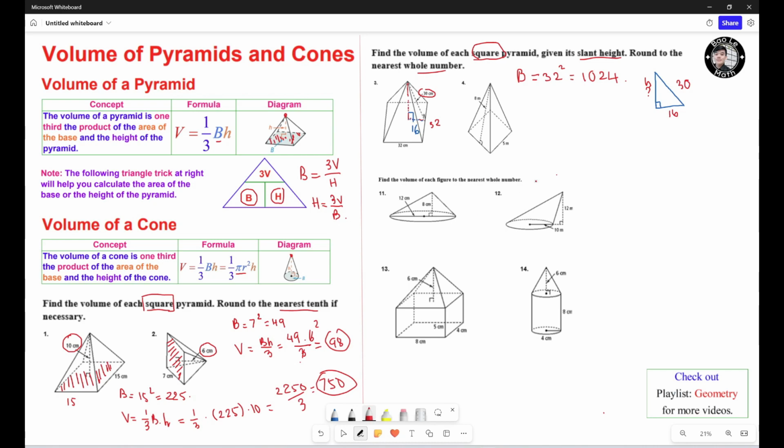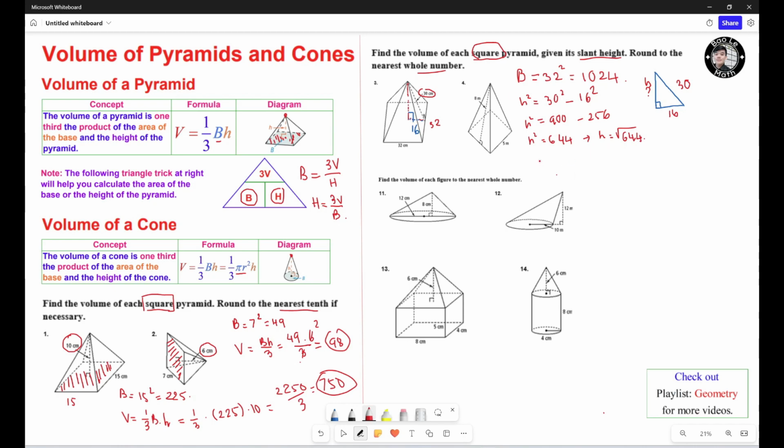By the Pythagorean theorem, h squared equals 30 squared minus 16 squared. And this can be 900 minus 256. And then h squared equals 644. Now take the square root of both sides. H equals the square root of 644. I leave the answer right there. I'm going to take the square root at the end.